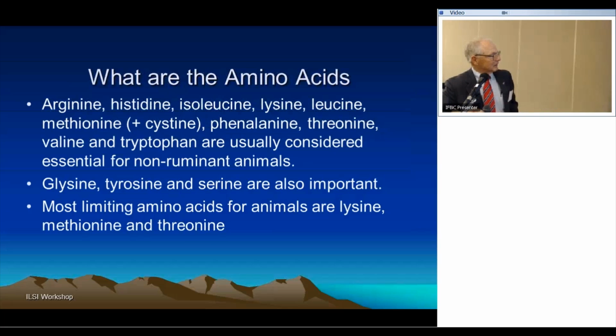Glycine, tyrosine, and serine are also important, particularly in poultry. Most limiting amino acids for animals are lysine, methionine, and threonine. That means in the diets of animals with the ordinary feed ingredients, those are the things most likely to be limiting, so it limits the full growth of the animal.